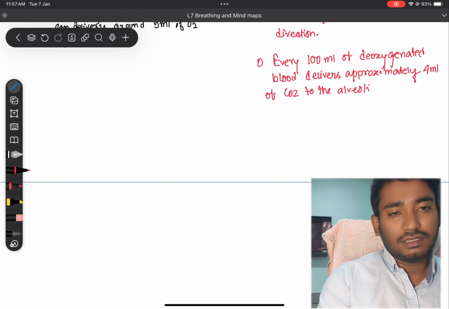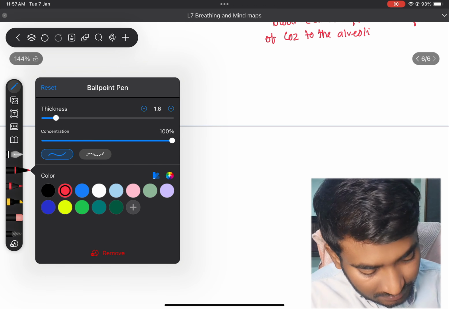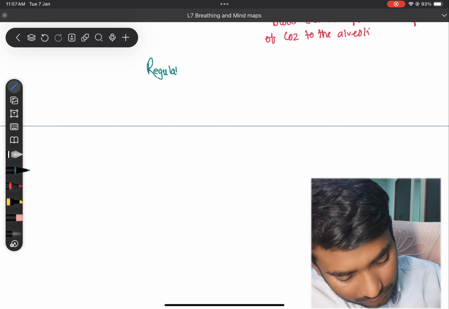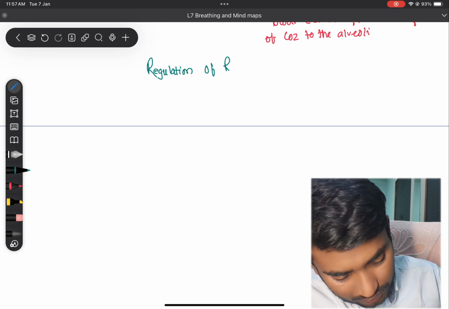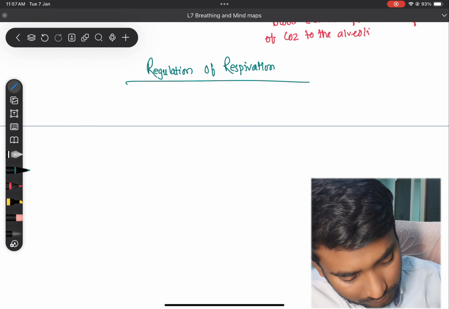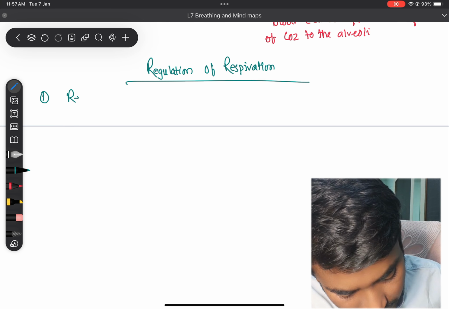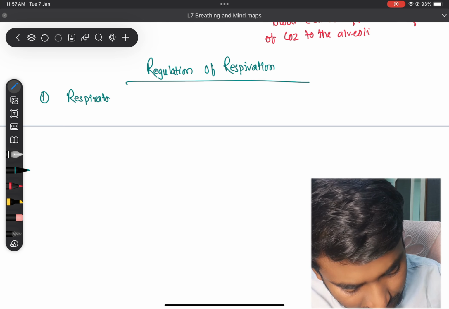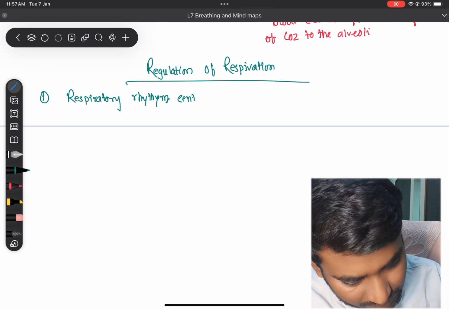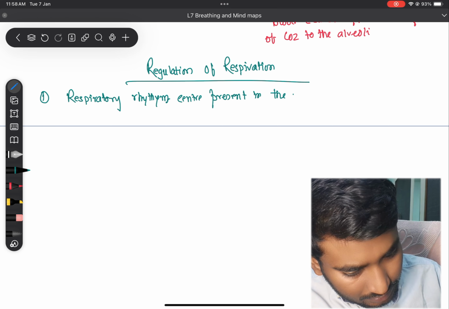Regulation of respiration. From where is respiration controlled? The respiratory rhythm center is present in the medulla.